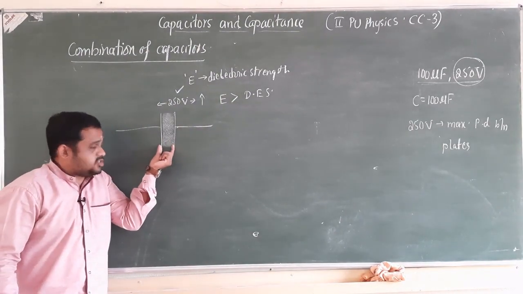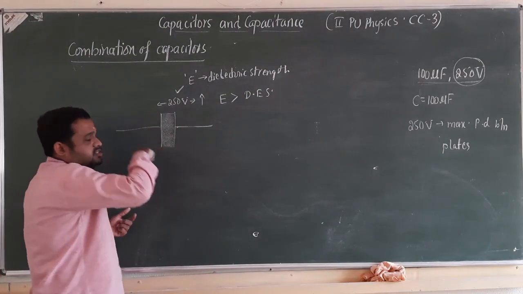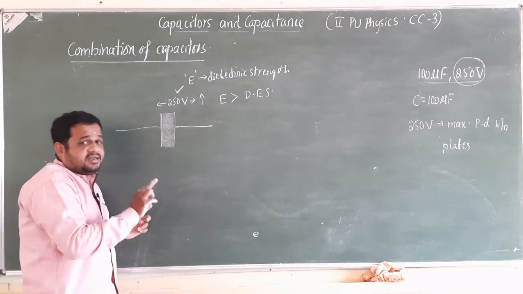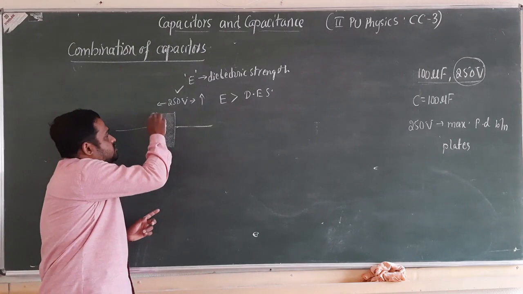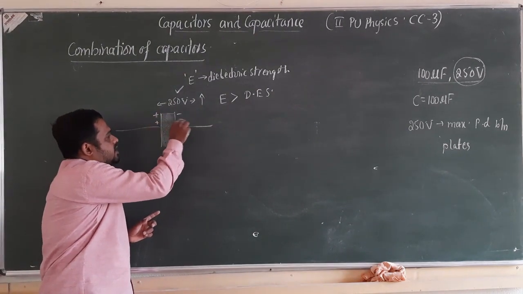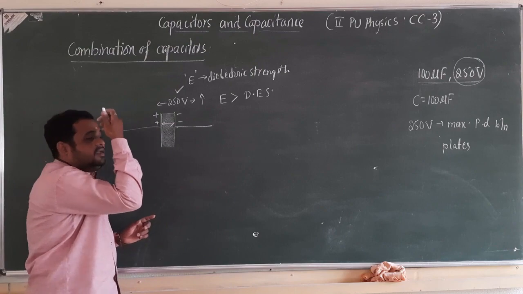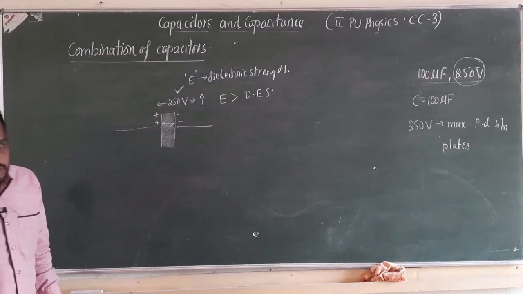Breakdown means ionization of the dielectric takes place, so that the dielectric changes its state from non-conducting to conducting. Once the dielectric medium reaches that conducting state, the charges stored in the two plates of the capacitor will flow through it, so that the capacitor completely gets discharged, or we can say the capacitor gets damaged.